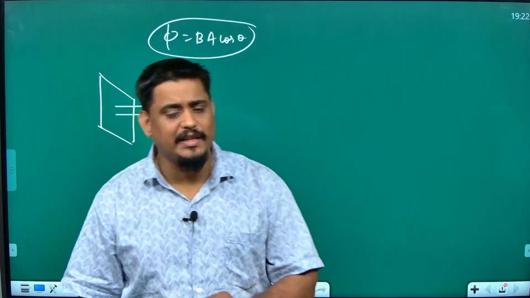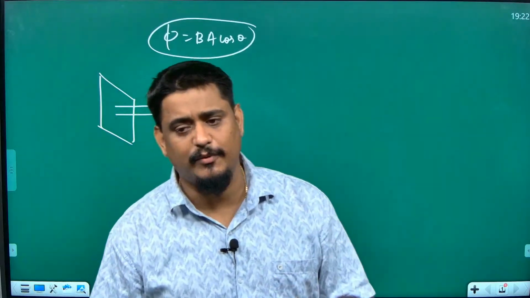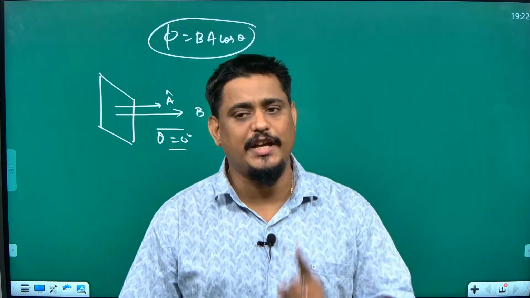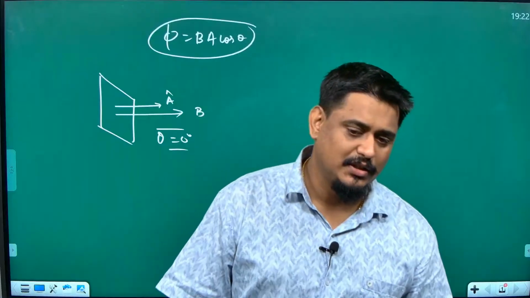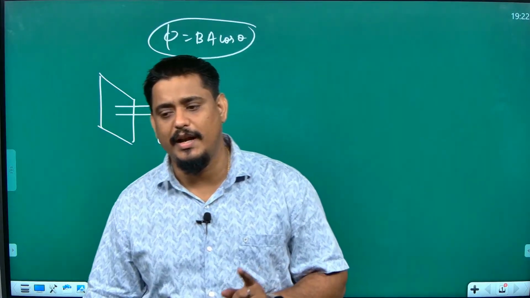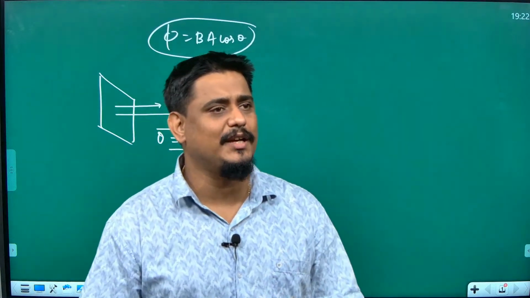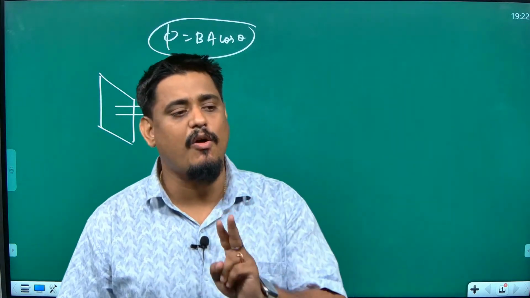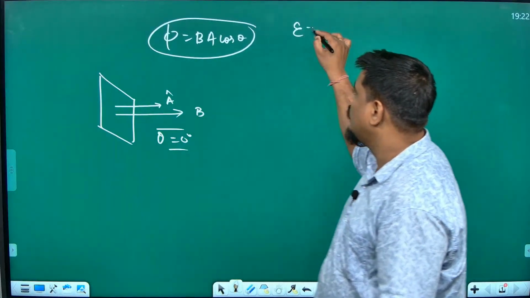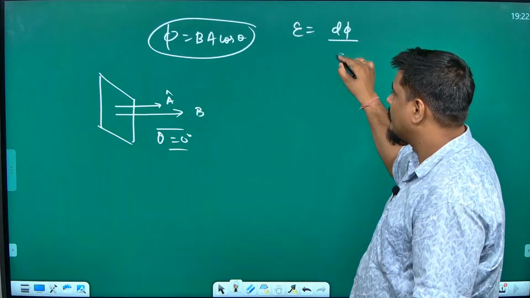Then came the second law. The magnitude of induced EMF is always equal to the rate of change of magnetic flux, which is E is equal to d phi by dt.